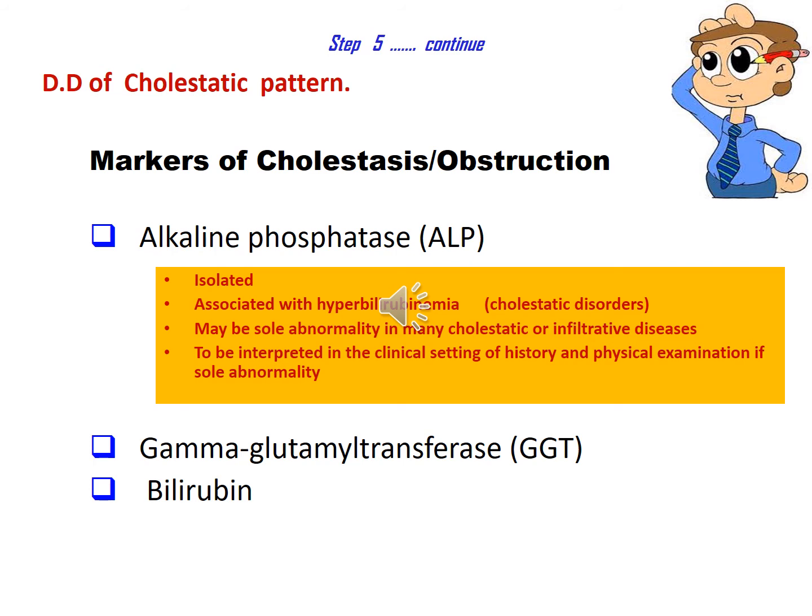Alkaline phosphatase rise may be the sole abnormality in many cholestatic or infiltrative diseases, to be interpreted in the clinical setting of history and physical examination. Markers of cholestasis also include gamma GT and bilirubin.